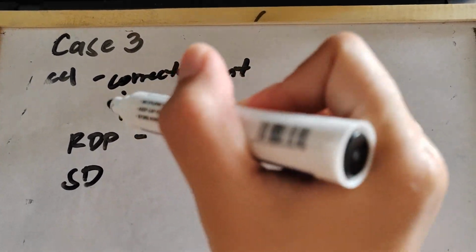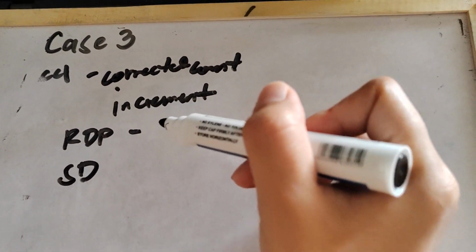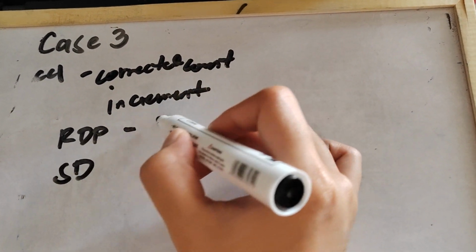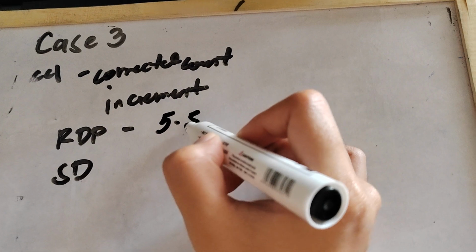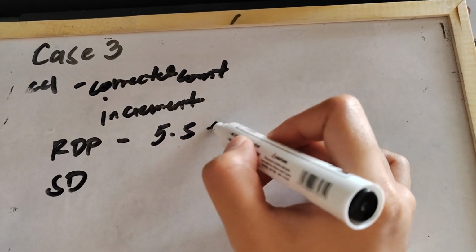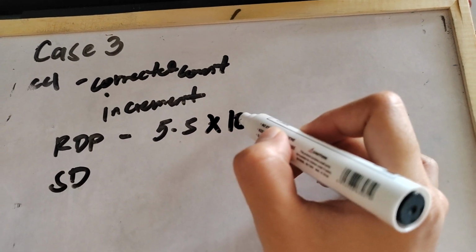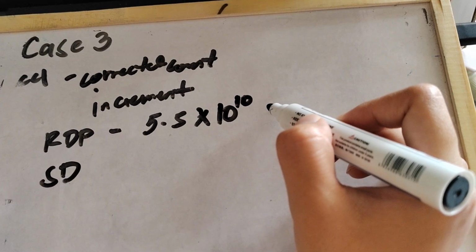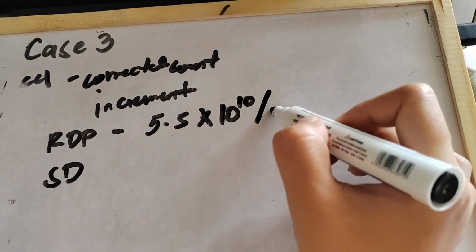This one is from whole blood. We just took it from the whole blood. An RDP has approximately 5.5 times 10 raised to 10 platelets per unit.